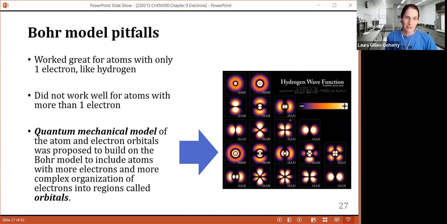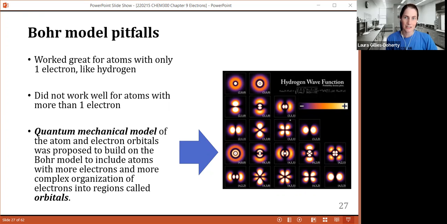So Bohr's model was a huge breakthrough, right? Thinking that electrons were organized into these orbits and being able to connect his theory to what we were seeing in the real world with emission spectra. But it only worked really well for atoms that were simple, that had one electron, like hydrogen.